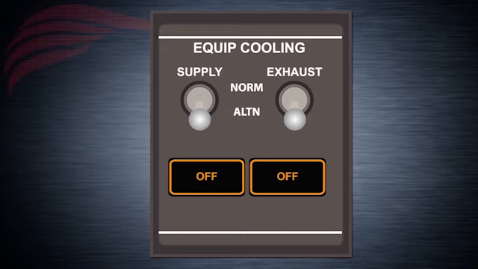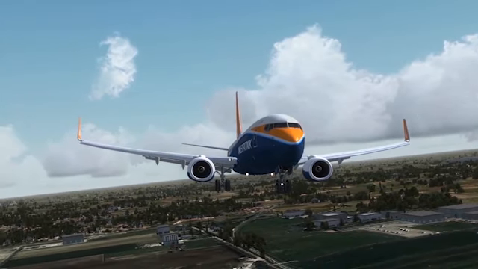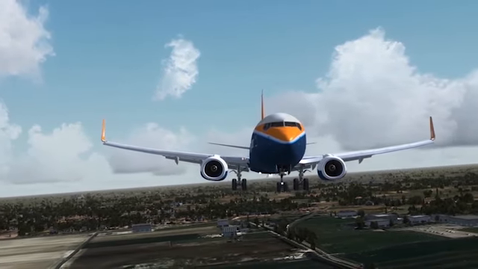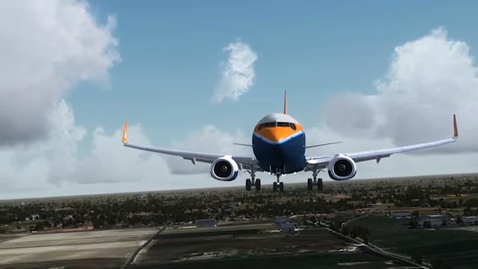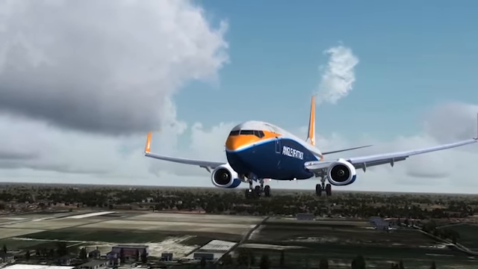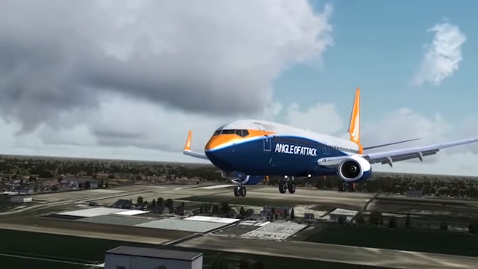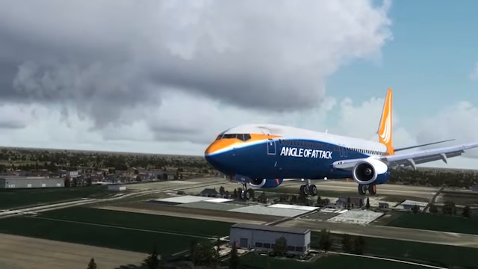Together with the off light, a master caution is presented along with the overhead light. The presence of a master caution may surprise you, but keep in mind that if the equipment is left to overheat, it could potentially start a fire on the flight deck. This is one of the worst emergencies that can happen on an airliner, as an incapacitated pilot can't exactly operate the aircraft safely, rendering all courses of action useless.